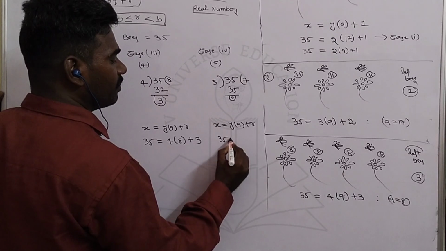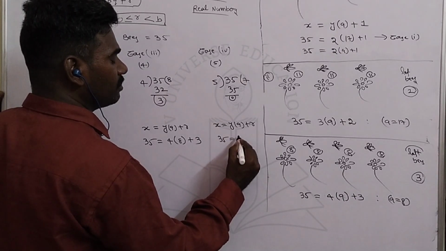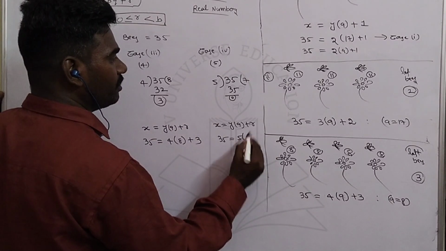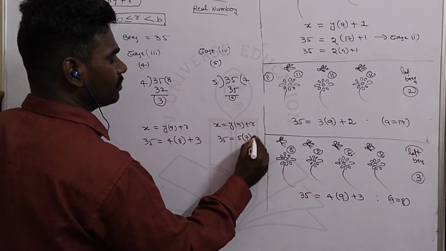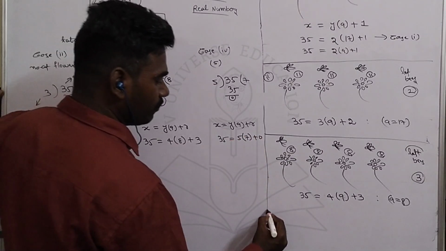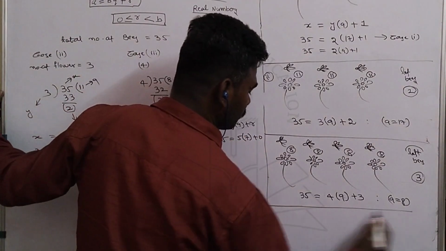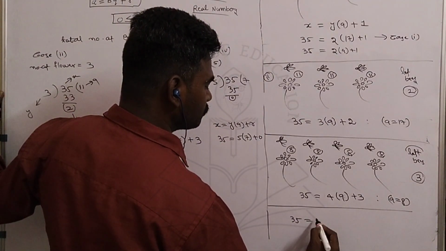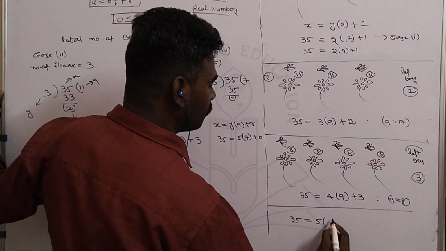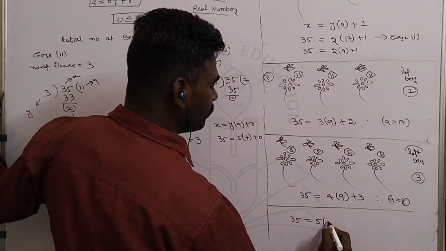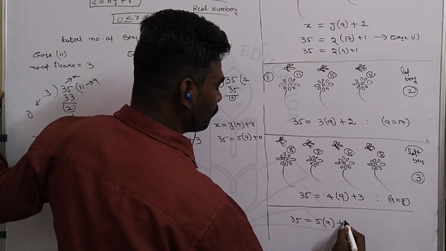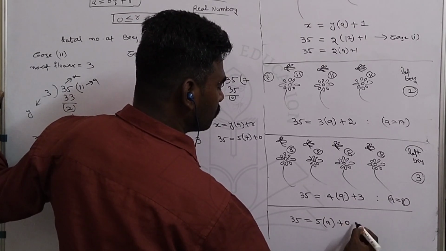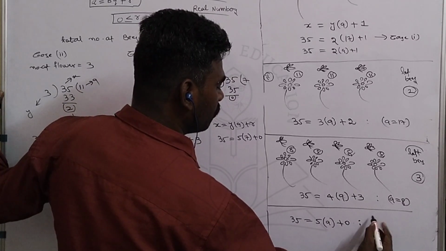Here 35 is the number of bees and the equally divided groups are 5, so a is equal to 7 plus the remainder 0. So 35 is equal to 5 groups times a plus left bees 0.